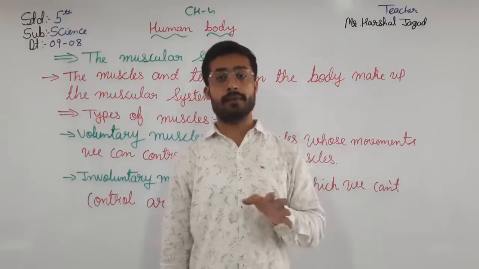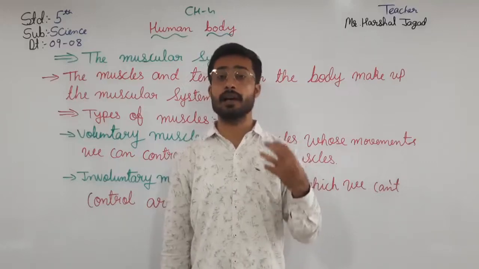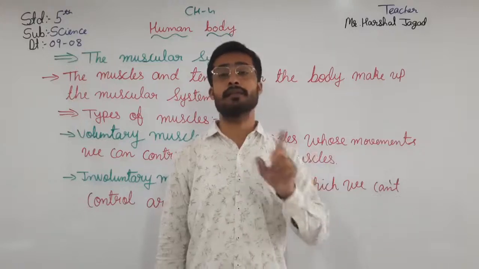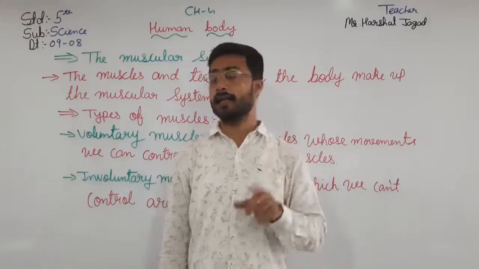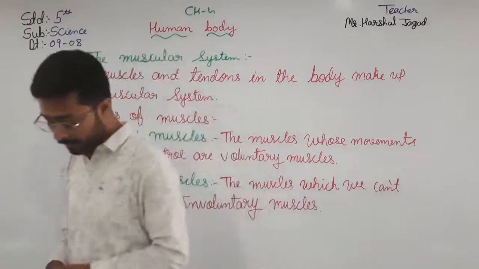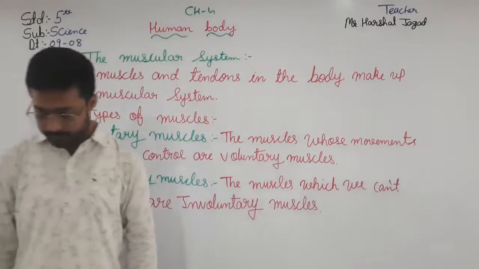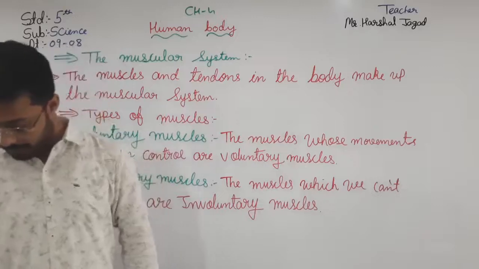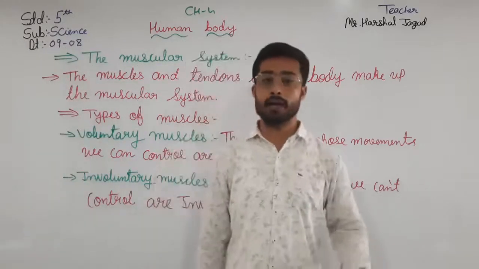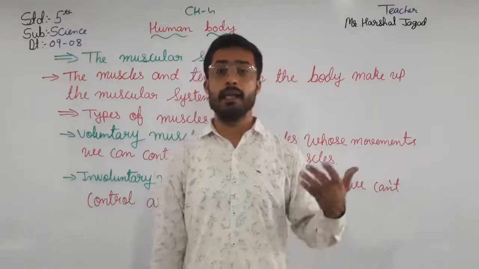Now involuntary muscles, the muscles which are not in our control, we can't control these muscles. The examples are the muscles in our heart, kidney, lungs.